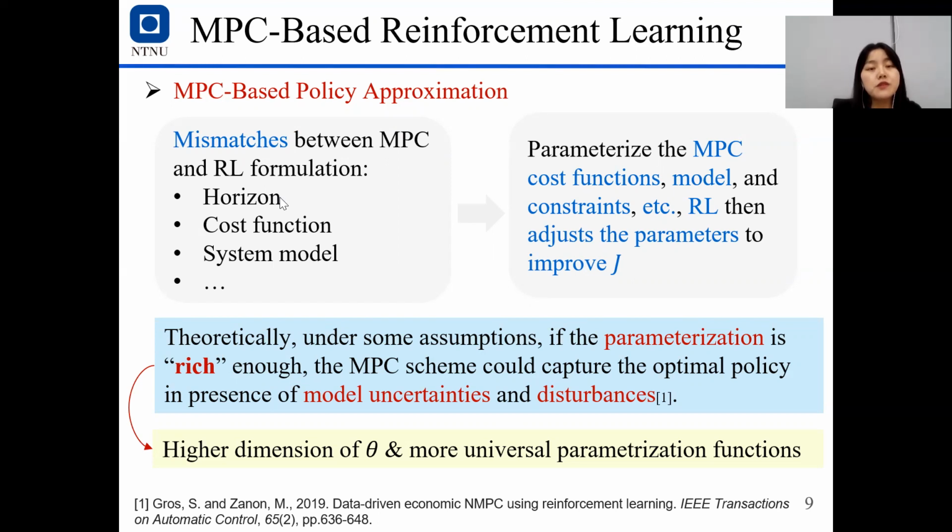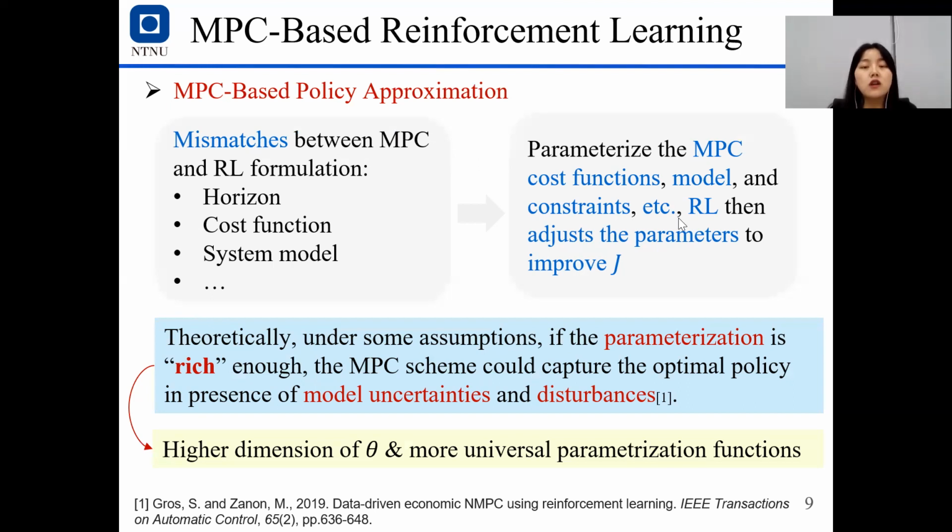The MPC horizon could be fairly small, here in our case 12. However, for the RL, the problem horizon should be 1 month, right? So it's fairly long. And the cost function is different too. And also the system model is different. In RL, we consider a stochastic model, but in MPC, we consider a deterministic model. So you'll see that because of these mismatches, it's reasonable that we parameterize the MPC cost functions, models, constraints, etc.